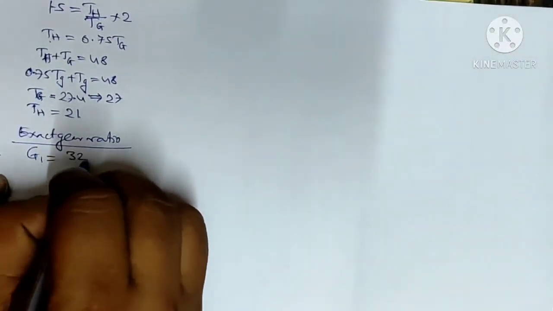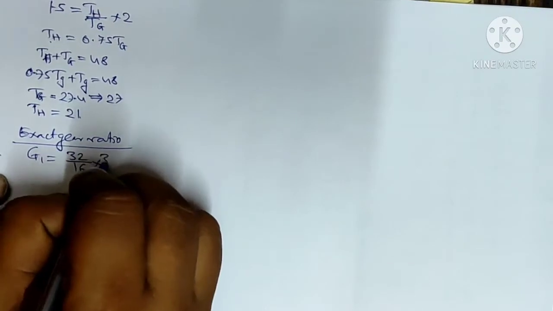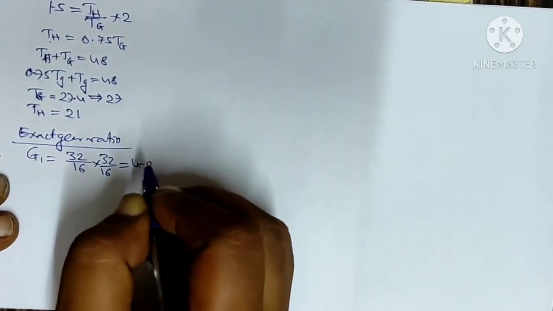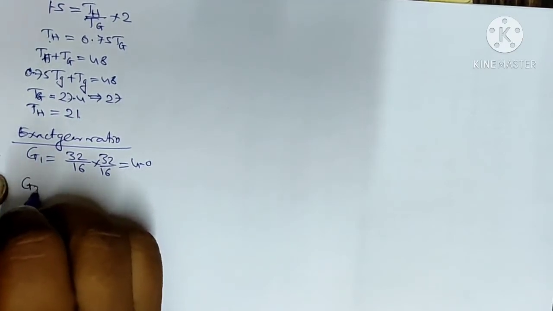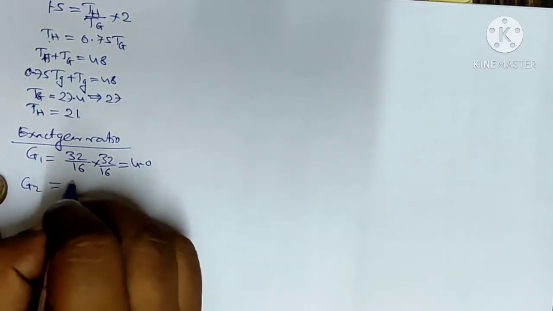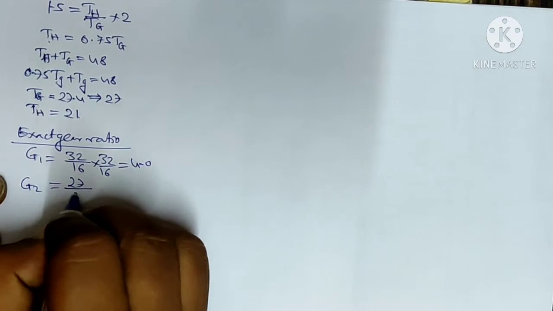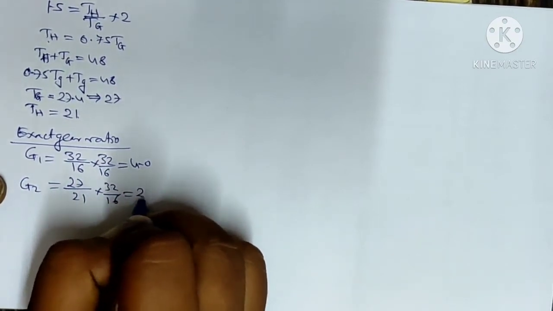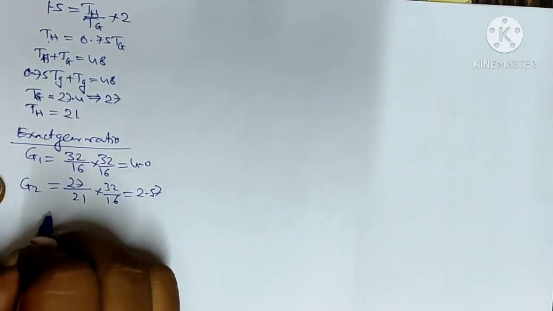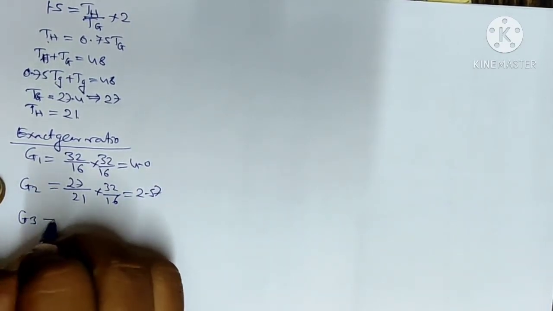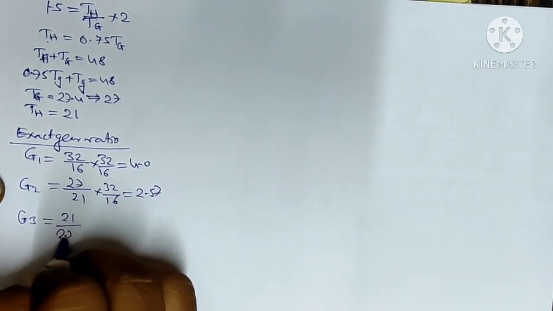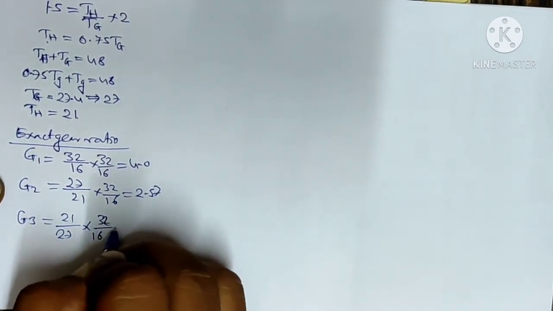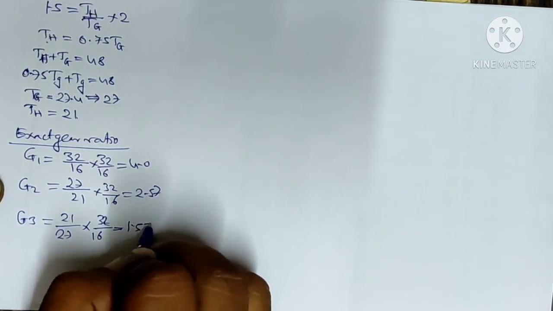So it is 32 by 16 into 32 by 16, which equals 4.0. Similarly, gear ratio 2 will be equal to 27 by 21 into 32 by 16, which equals 2.57, and gear 3 ratio will be 21 by 27 into 32 by 16, that is equal to 1.55.